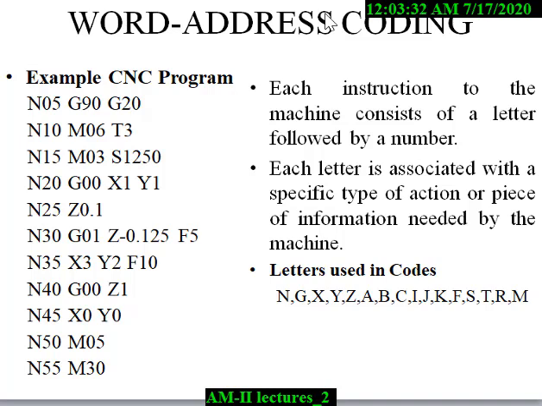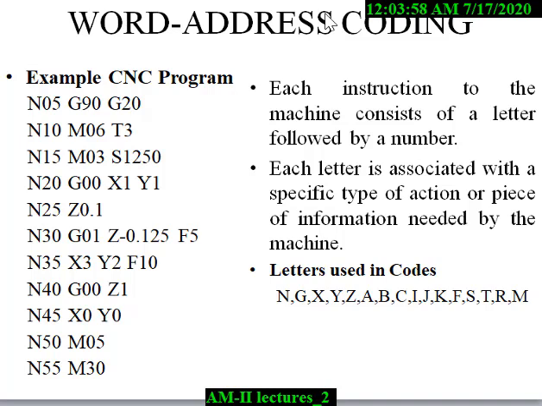Then next is G90, which, if you remember the code, represents the absolute dimension system. Then G20 represents the inch unit system, that is, all dimensions will be measured in inches. Then the next line is N10, the next sequence.